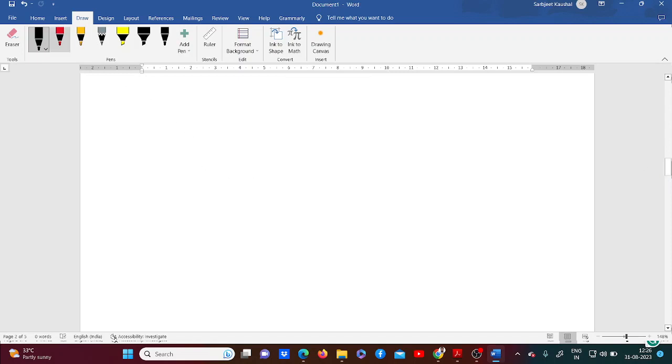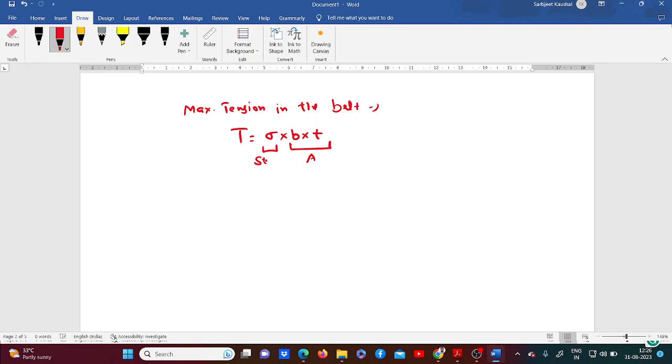Now the next thing is the maximum tension in the belt. We know the tension in the belt is stress into width of the belt multiplied by the thickness of the belt, where this term is the area and this is the stress, and it depends upon the type of material of belt we use.